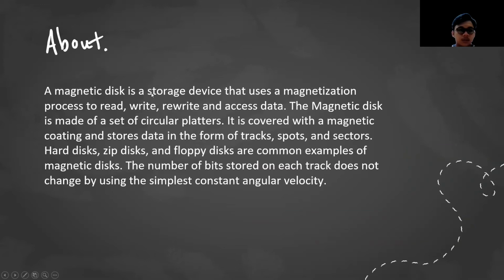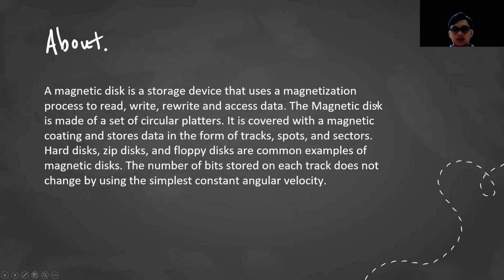So, what is a magnetic disk? A magnetic disk is a storage device that uses a magnetization process to read, write, rewrite, and access data. The magnetic disk is made of a set of circular platters.